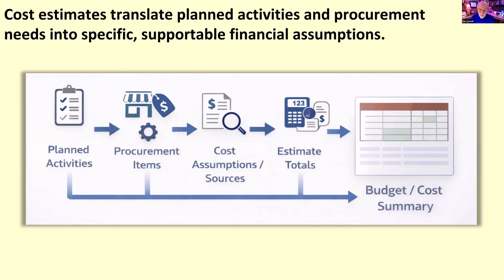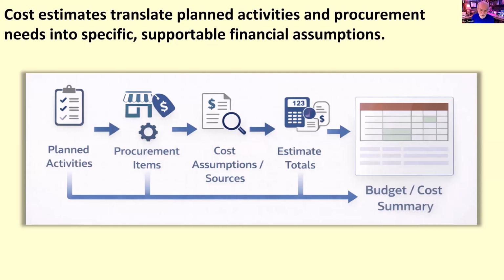Good estimates also include supporting assumptions and sources where possible. A labor estimate may be based on expected hours and rates. A procurement estimate may come from a quote, a catalog price, or a historical reference approximation. Even in a simplified course project, documenting that logic makes the estimate more transparent and easier to review.